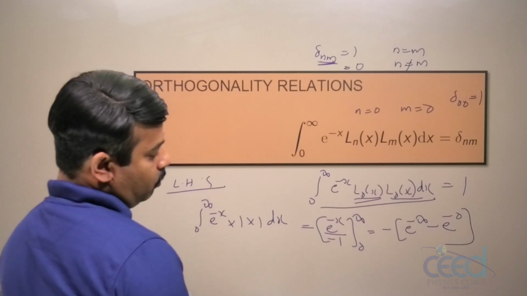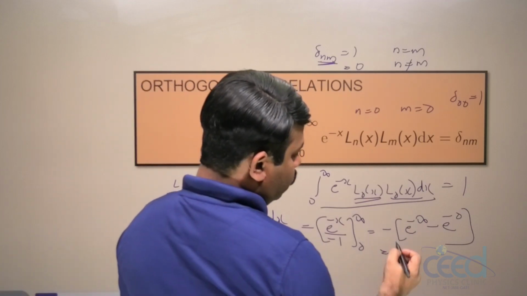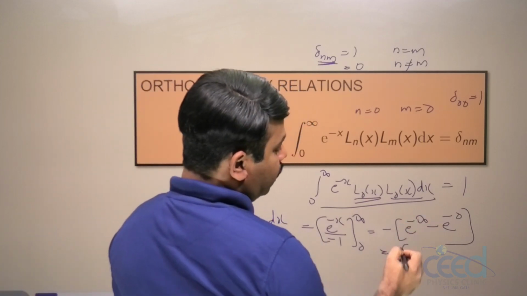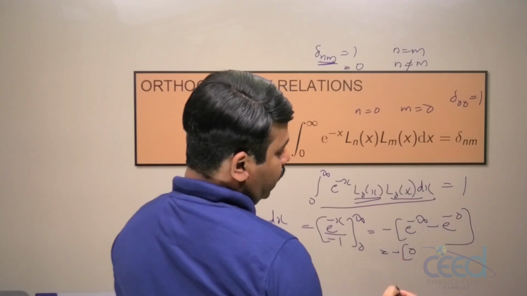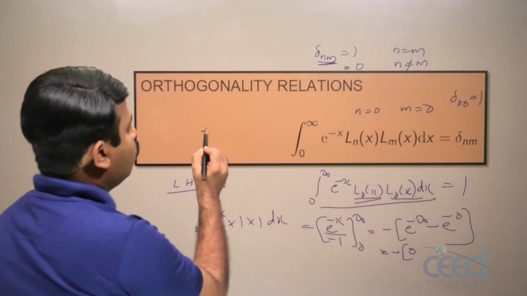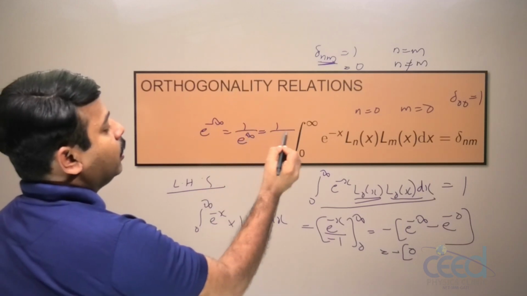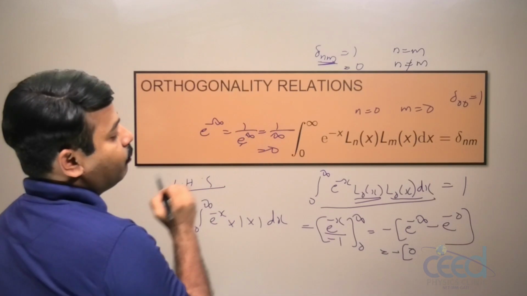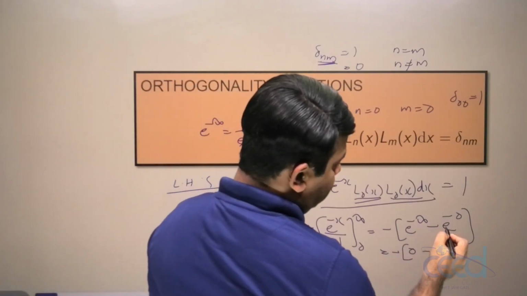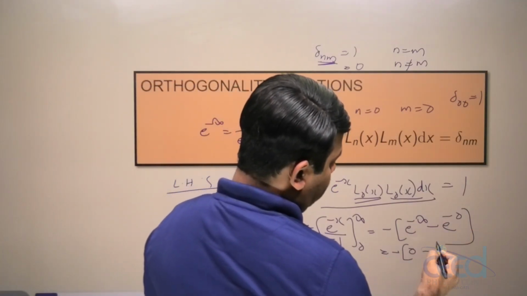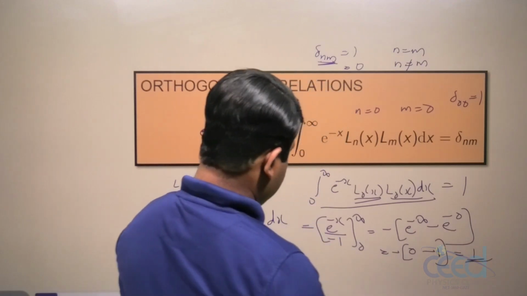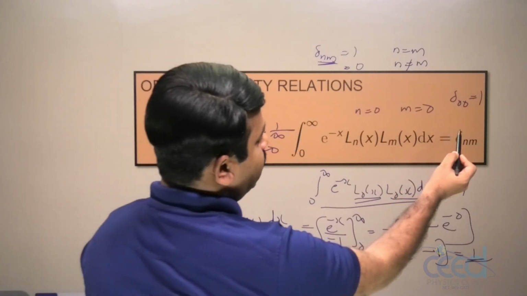Am I right? Alright. e raised to minus infinity is 0, because e raised to minus infinity is equal to 1 by e raised to infinity, and e raised to infinity is infinity, so 1 by infinity is 0. Minus e raised to 0, that is 1. Then 1. It is correct. We are getting it.